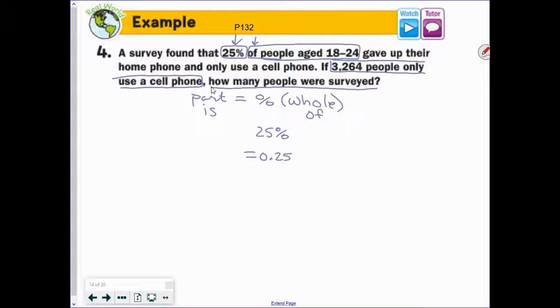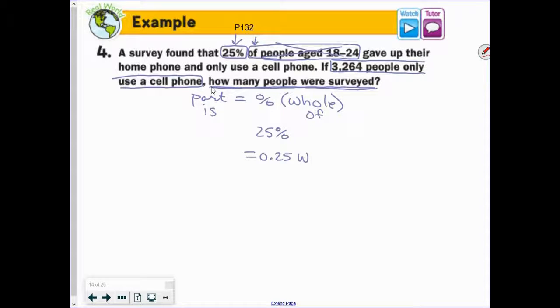It doesn't say how many people. It just says their age range. Guess what? Yeah, people aged 18 to 24 is going to be my whole, but it's not the numbers 18 to 24. We don't actually know how many people they asked. And if you look down here, that was the question. So guess what? That's going to be my variable. That's going to be the thing that I'm looking for. We want to know how many people they surveyed.